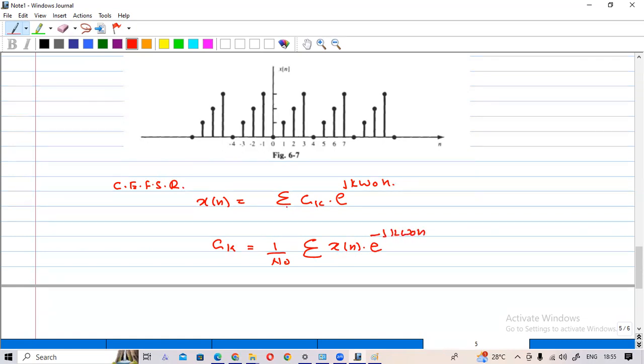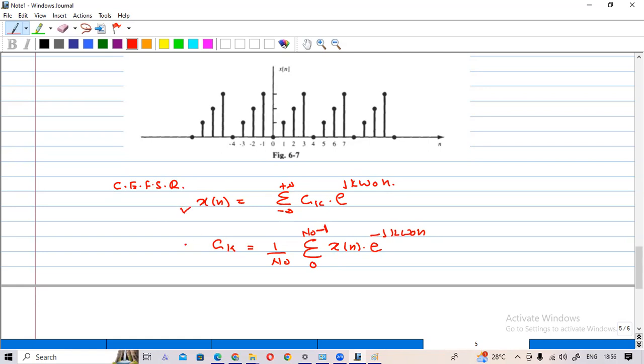So actually here I didn't put the limit. Here you can put it as minus infinity to plus infinity, but I will tell you why we no need to do this evaluation for negative values. So plus value is enough. So here it is within the period 0 to n naught. Actually you have to evaluate it up to n naught minus 1.